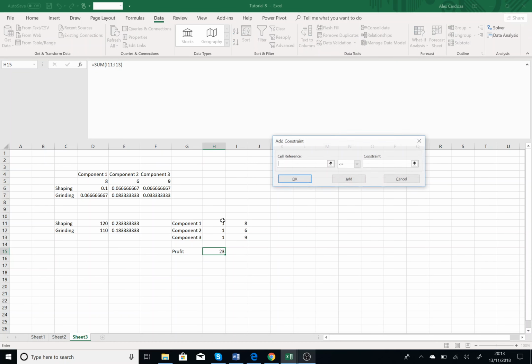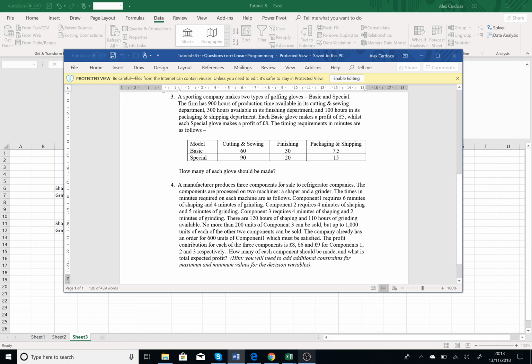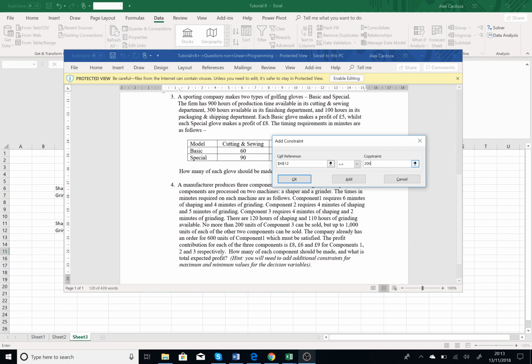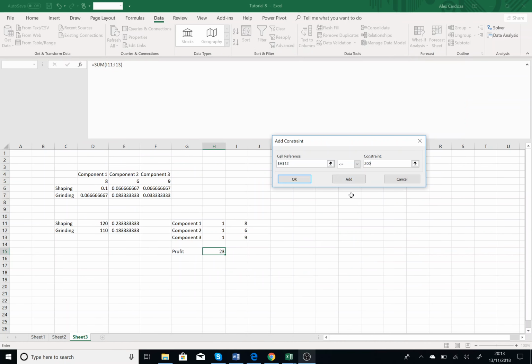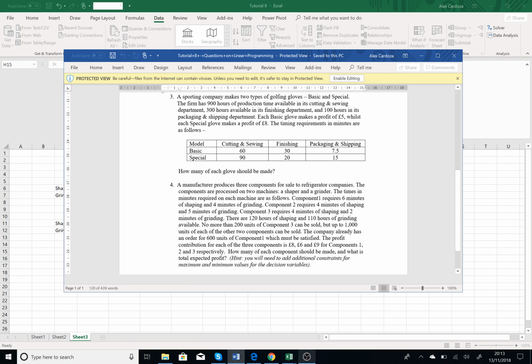Now remember it says here no more than 200 units of component 3 can be sold. So that means we have to limit the production of component 3, which is in cell H13, to less than or equal to 200.